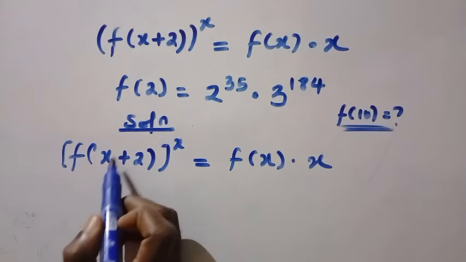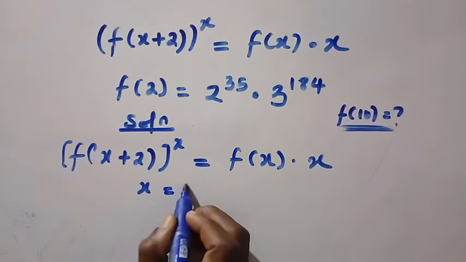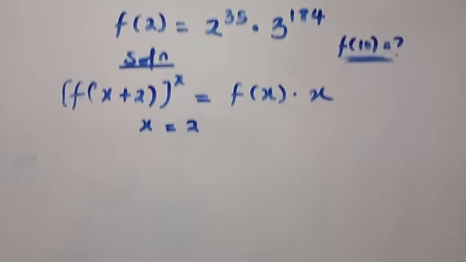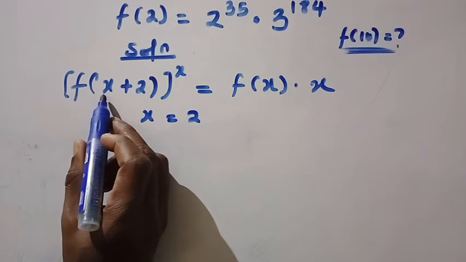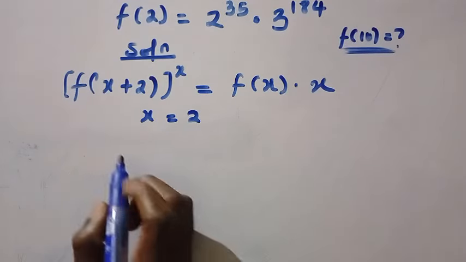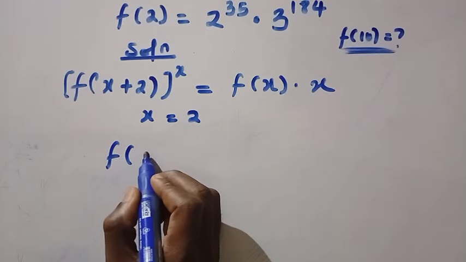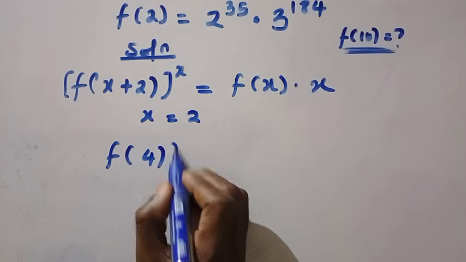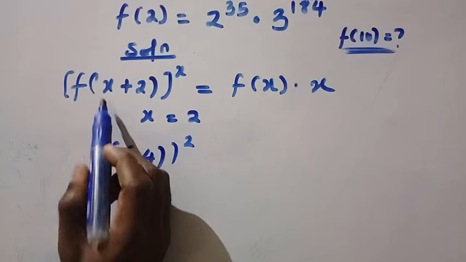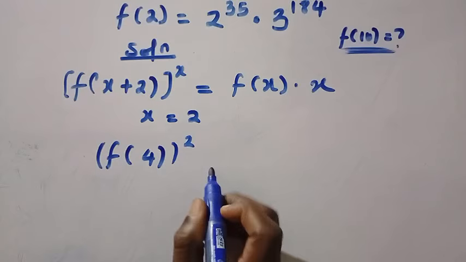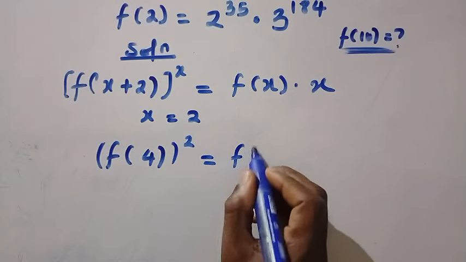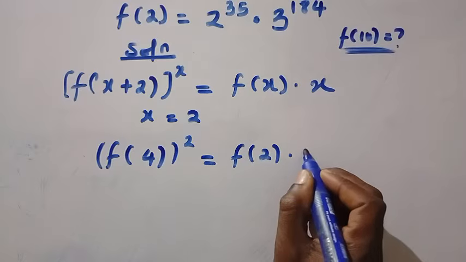If I set x to be equal to 2, anywhere we see x we replace it with 2. So the first one is f(4) raised to the power of 2, because 2 plus 2 is 4, equals f(2) multiplied by 2.